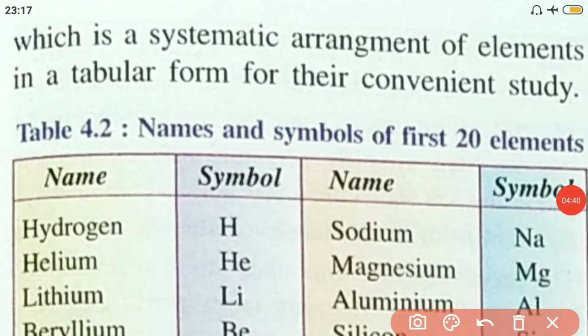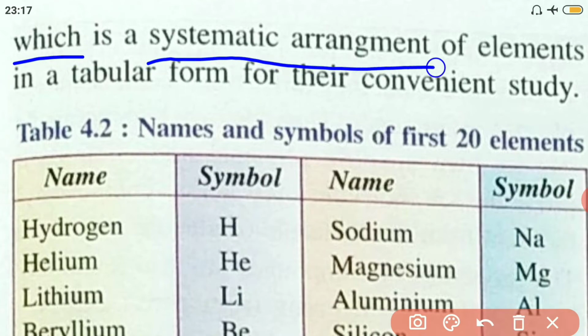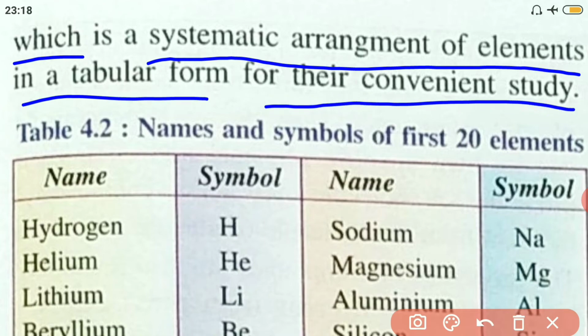It is a systematic arrangement of elements in a tabular form, in a chart form, for their convenient study, so that it helps us to study them properly.